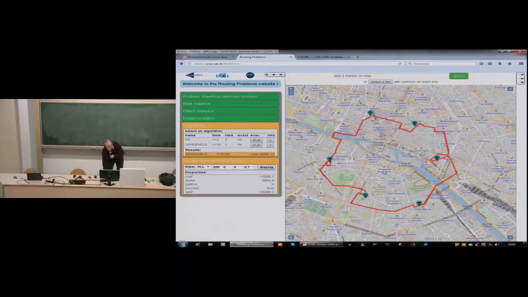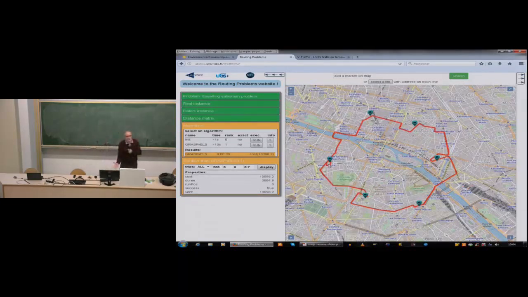For example, you have this small loop, and you see that it's not Euclidean distance. It's really taking into account the different streets and the way you can reach the point. We can also see that there is probably a one-way street close to this, so you need to make a loop to be sure to reach the destination and continue your trip.